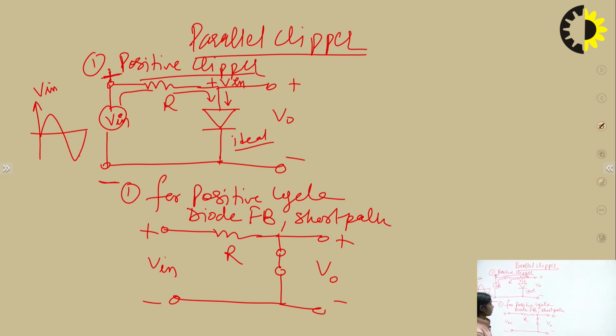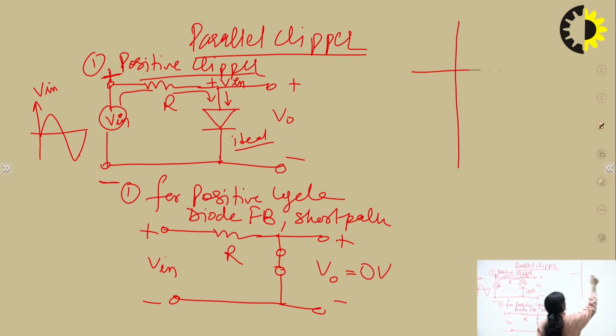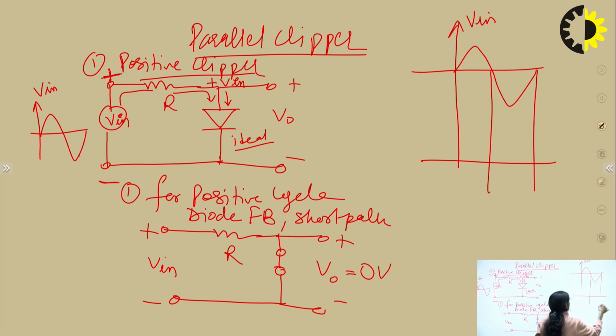Since the diode is shorted, the output across the short path is equal to 0 volt. If we plot the waveform, this is the input waveform, this is Vin, and this is the output waveform, and we have seen that for the positive cycle Vout is equal to 0 volt. So in this arrangement we will not get the output for the positive cycle.